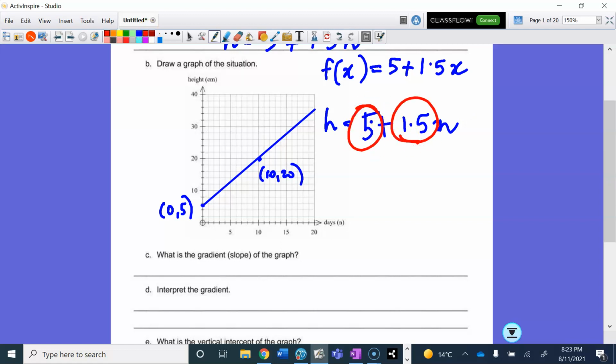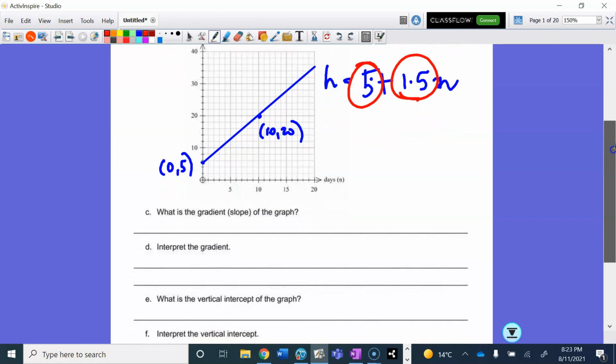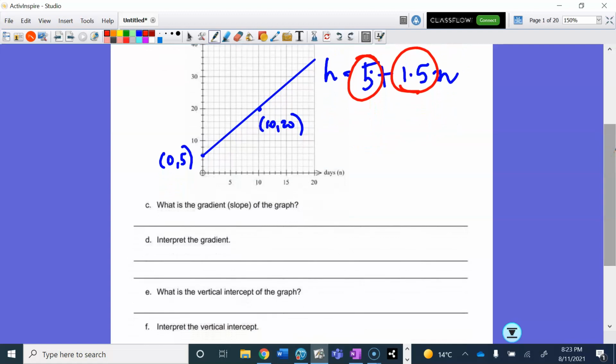They're my two values. One of those numbers relates to the vertical intercept. One of those numbers relates to the gradient. It's pretty easy to see which one's which. The gradient is the one that is attached to the variable, and the y-intercept is the one that isn't. The y-intercept is on its own.